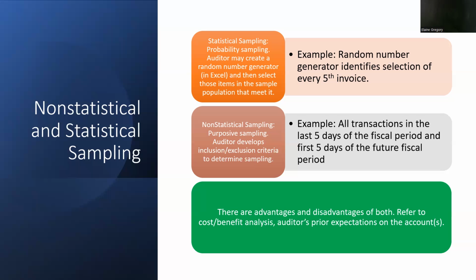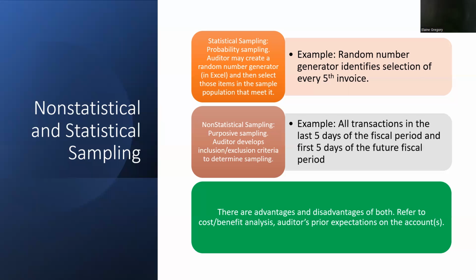So, for example, we want to look at every transaction that was posted 5 days before the end of a fiscal period and 5 days after a fiscal period. So our criteria is limited. So we develop inclusion and exclusion criteria in order to determine what our sampling basis is going to be.